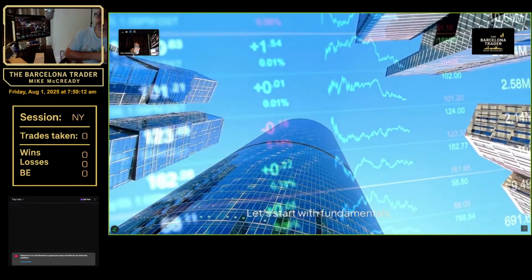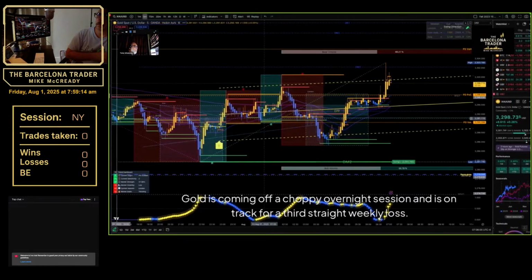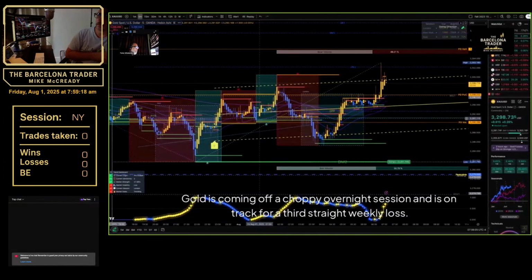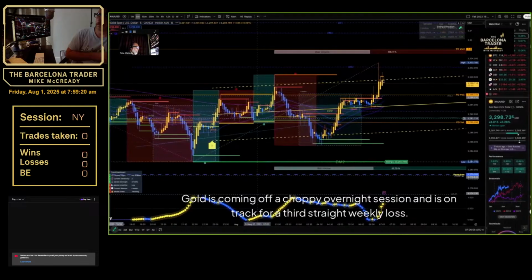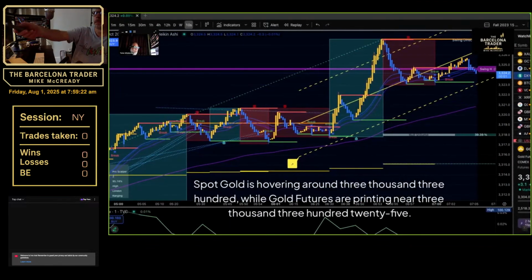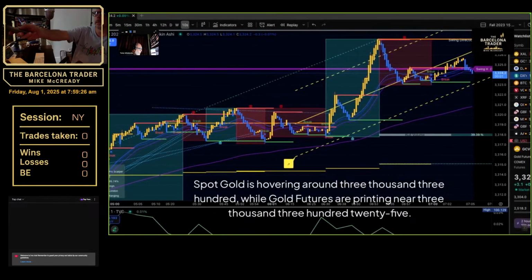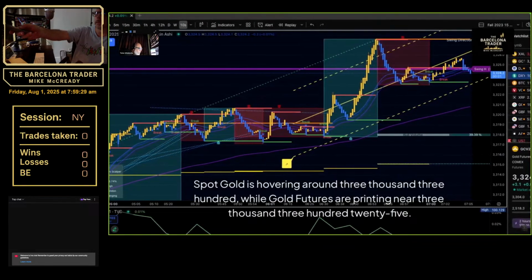Let's start with fundamentals. Gold is coming off a choppy overnight session and is on track for a third straight weekly loss. Spot gold is hovering around 3,300, while gold futures are printing near 3,325.